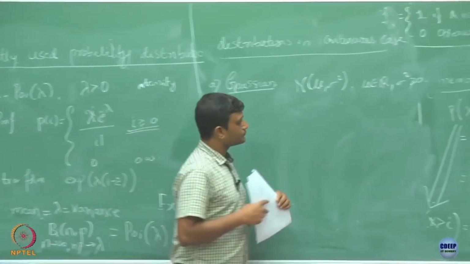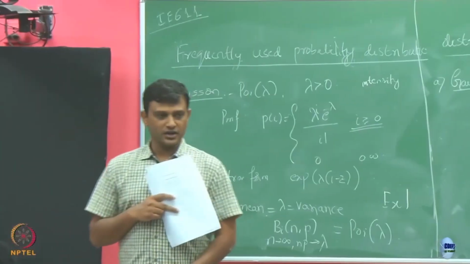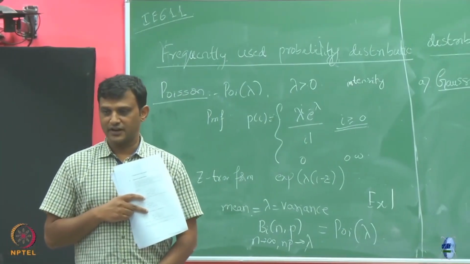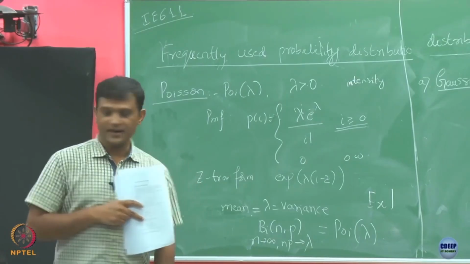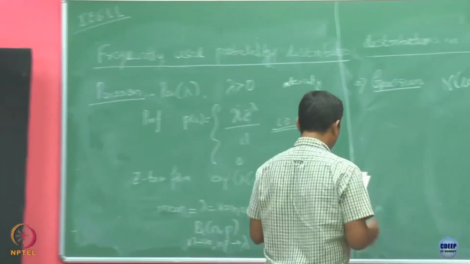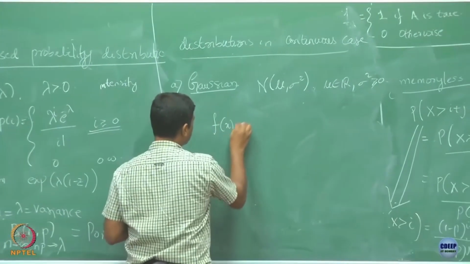Now, we are talking about a continuous random variable, right? So we are now going to define the probability density function of this random variable. For a Gaussian random variable, we are going to define its density as f of x.